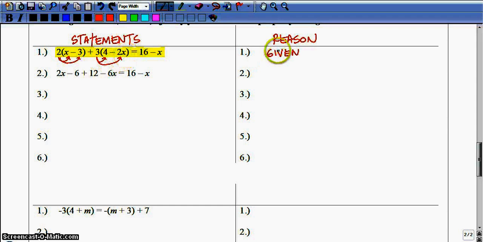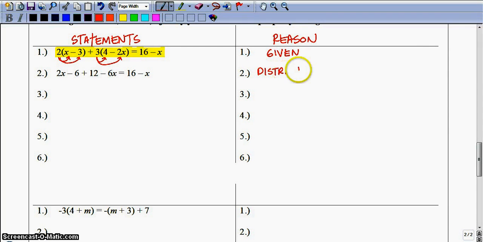The first reason is just that this is the given problem that we want to solve, the equation that we want to solve. The most likely used second step would be to then distribute, which was already done. So this is distributive property. There's not a formal abbreviation. You can abbreviate as long as it's pretty clear which property you're using.